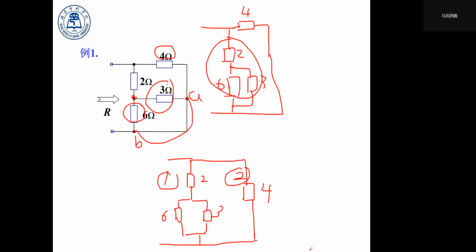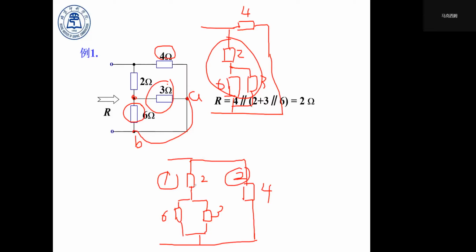So we can calculate the equivalent resistance by using the methodology and the formula we proposed in the previous PPT. This is how we calculated that. You see that 3 and 6 are in a parallel form.